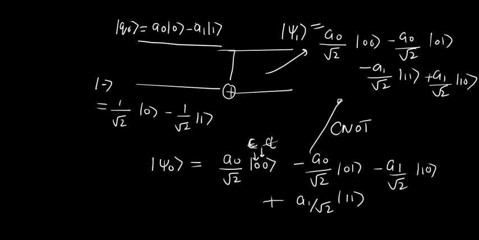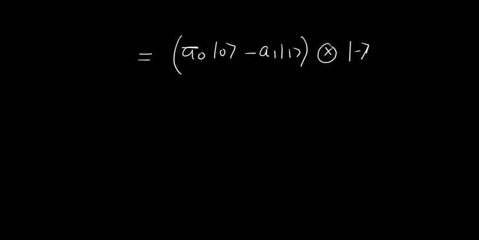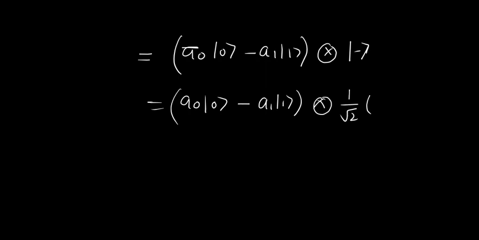Now it was asked to verify that this is equivalent to A0|0> minus A1|1> tensor with minus, right? As many of you have used this, let's discuss it like that only. Tensor of 1 by root 2 (|0> minus |1>), right? Once you solve it, it will be our left hand side.